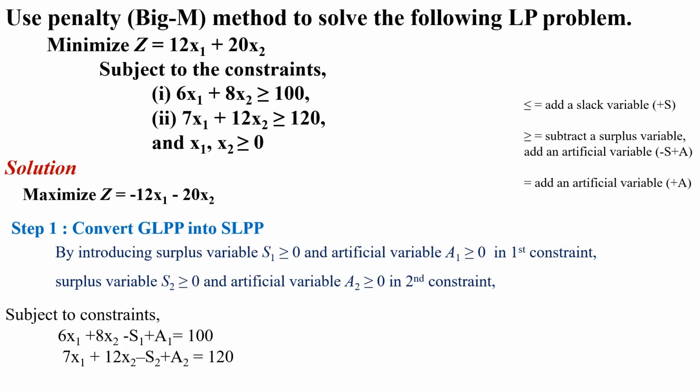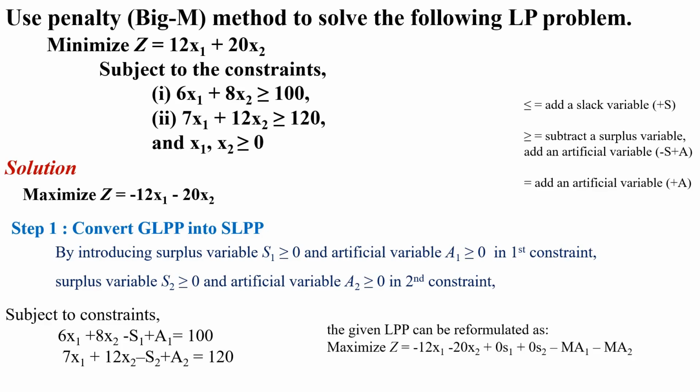The second constraint also has the greater than or equal to symbol, so subtract surplus variable s2 and add artificial variable a2. Then the second constraint becomes 7x1 plus 12x2 minus s2 plus a2 equal to 120.